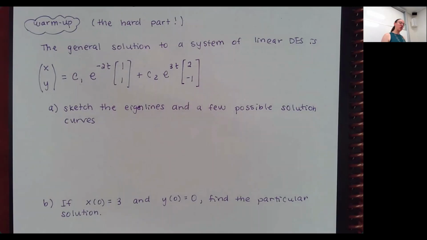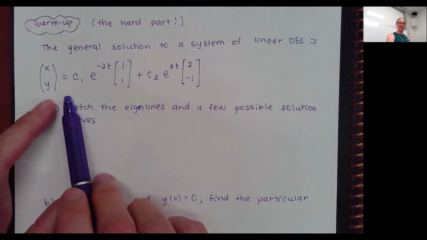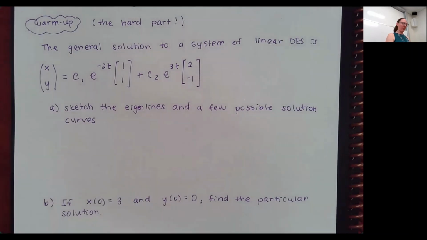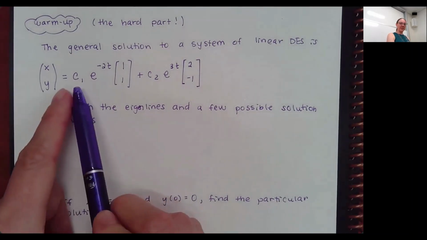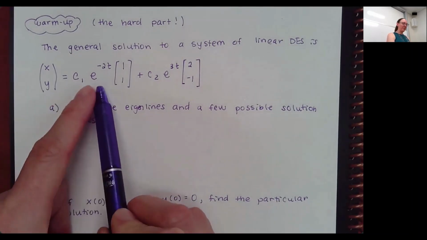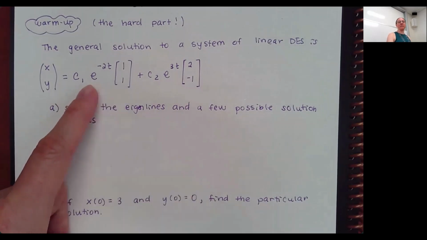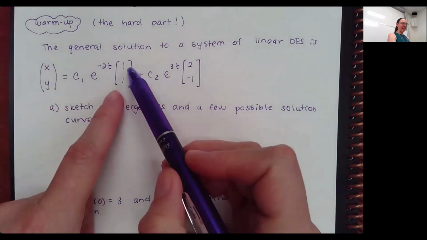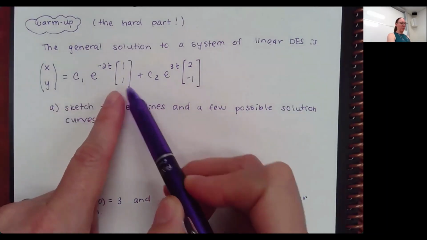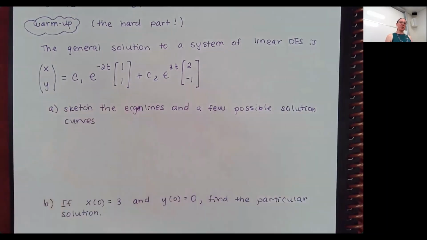So our general solution to a system of linear differential equations is going to have this form that looks like a constant times e to the lambda t, lambda being our eigenvalues, times the eigenvector. And we're going to have that because for a 2x2 system, I've got two eigenvalues and two eigenvectors.